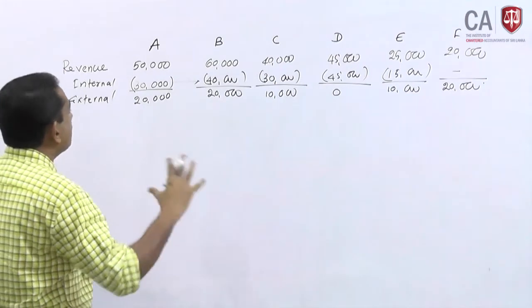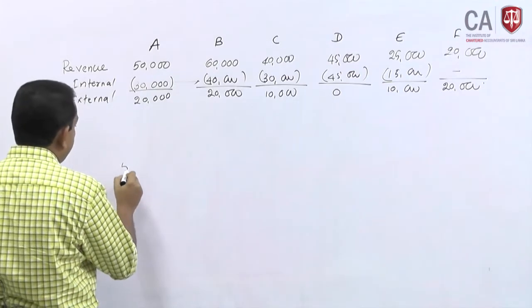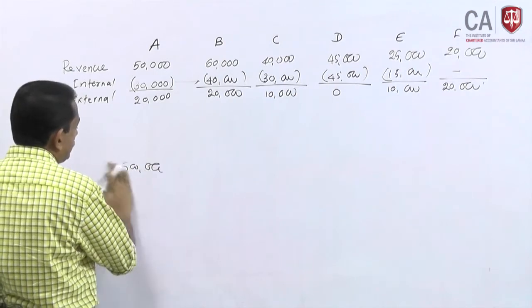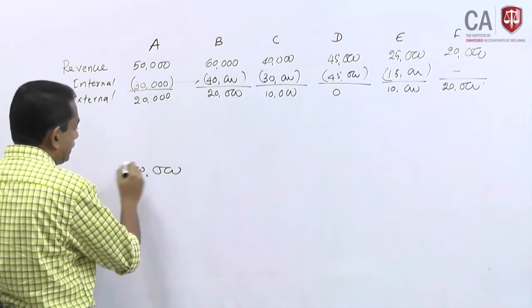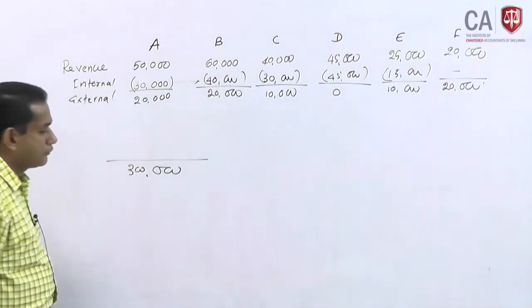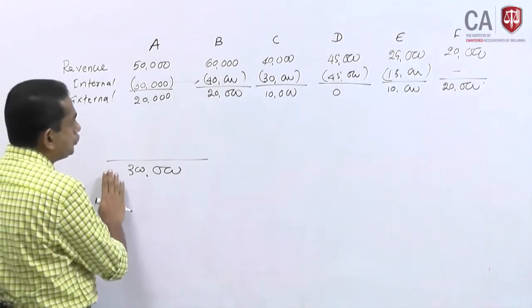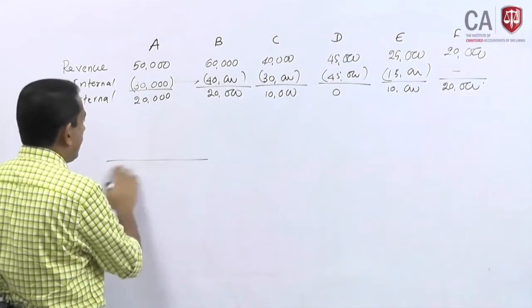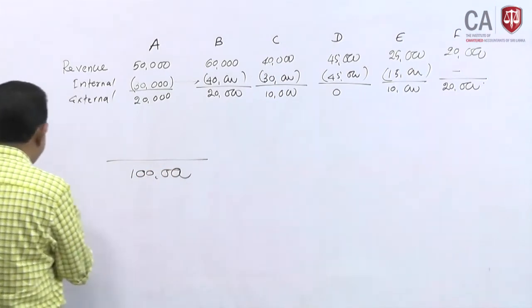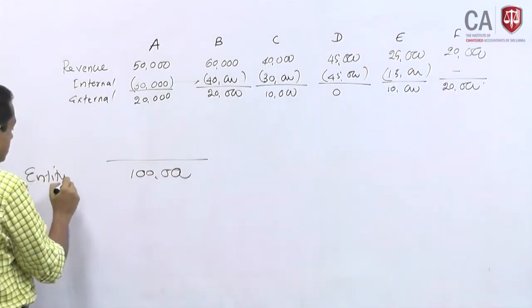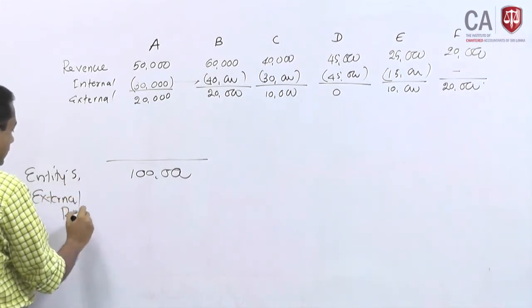Now, the external revenue which the entity has reported, let me say, is 200,000 rupees. Total external revenue of the entity is 200,000.